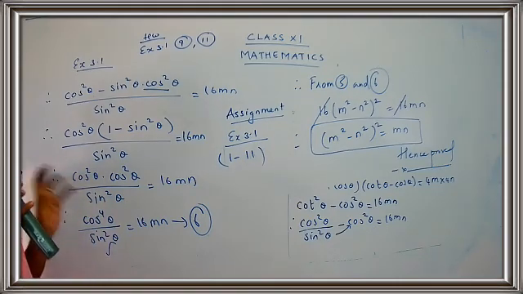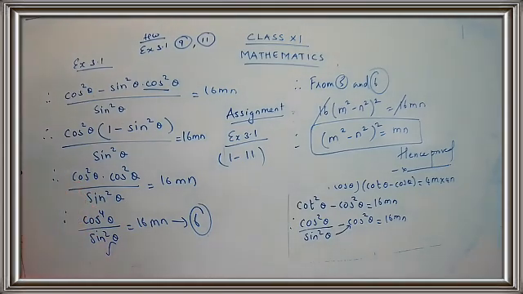You are going to do the sums by yourself. Are you getting my point, children? So for assignment, exercise 3.1, sum number 1 to 11. You have to write this as your test. This assignment will be like a test for you. You just test whether you are able to do all the sums.